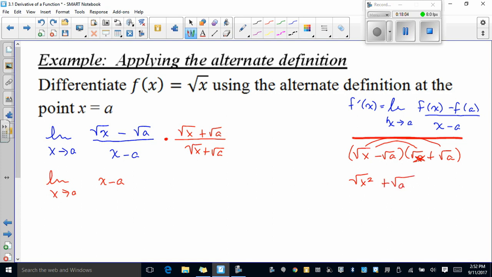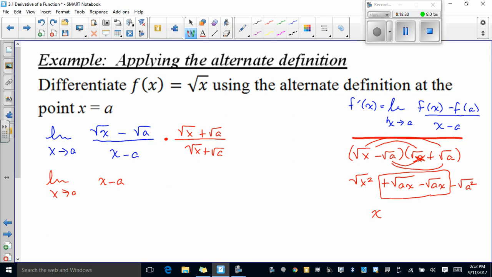And I multiply these two together, I get negative square root of a squared. There are a couple of things going on here. These are opposites, so they cancel out. And the square root of x squared, radical cancels a square, is left with just x. And then minus, same thing here, radical cancels a square, and I'm only left with a.